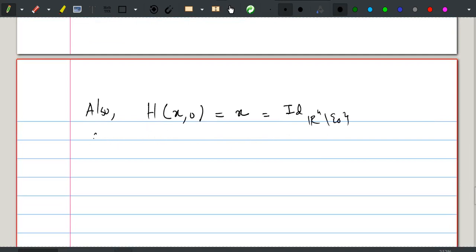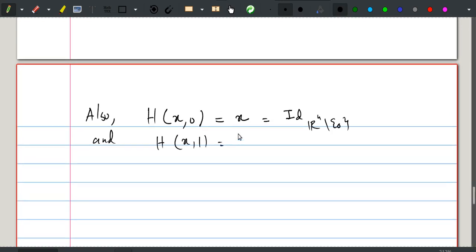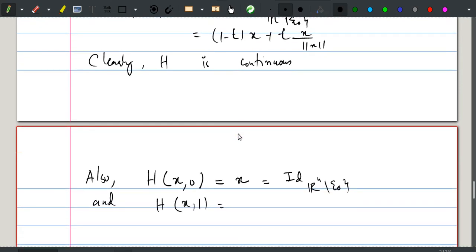And H restricted to 1: when we put t to be 1, the first term is 0 and this is just x by norm x.